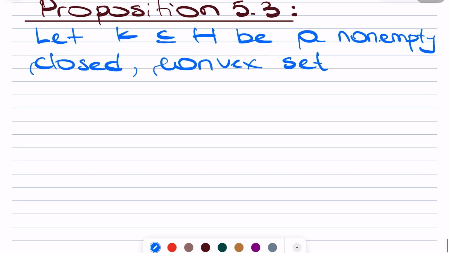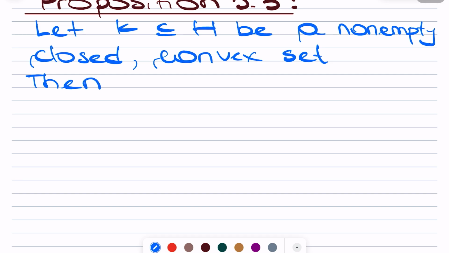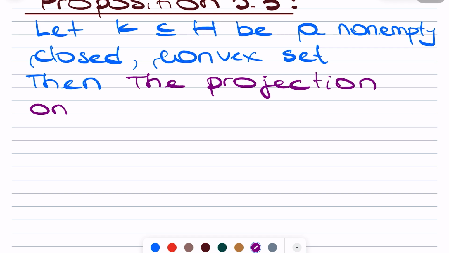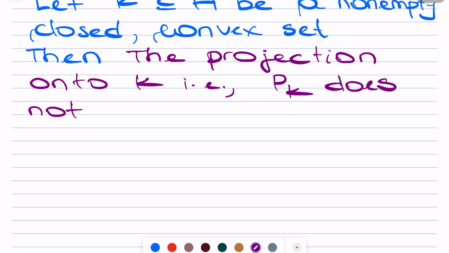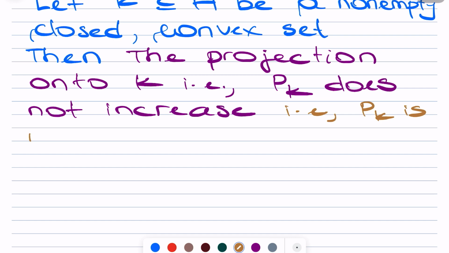Then the projection onto K, that we call P_K, does not increase distance. Say that the projection is non-expansive. Let me just write it. P_K is non-expansive.